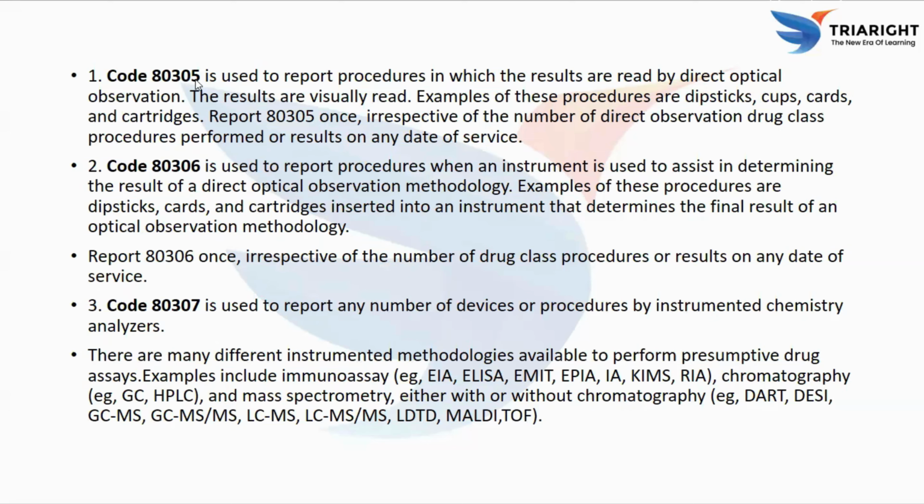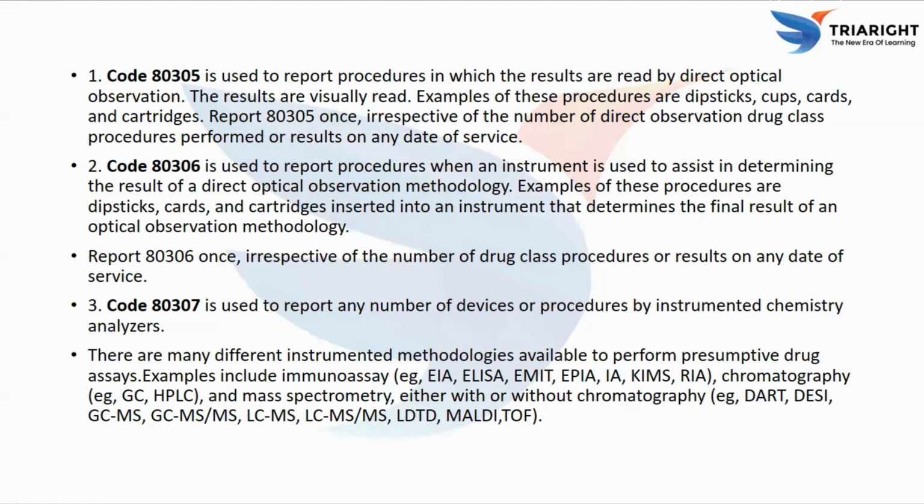And CPT code 80305, which is a visual drug screen. So no machine reads the result. A human looks at it. So what is the method here? Direct optical observation. So that means the provider or the lab staff looks at the color change or the lines. So examples include urine dipsticks, drug testing cups, cards, desk strips, and cartridges that show a visible line or a color.